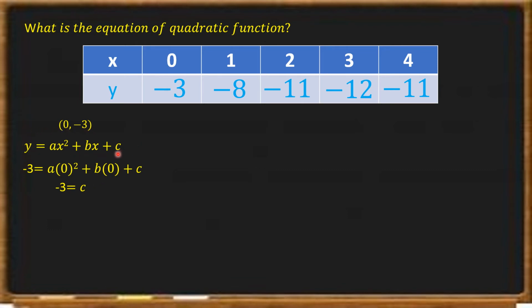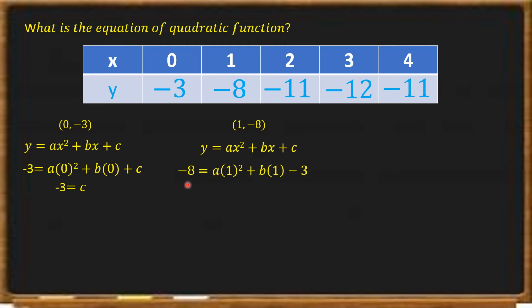So we need to know c, a, and b. We already know the letter c. What we need now are letter a and letter b. So let's use another point, this 1, -8. So 1, comma, -8. From the general form of the quadratic function, we will substitute this 1 for x and -8 for y.